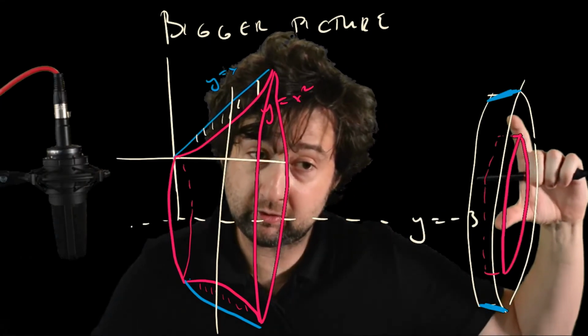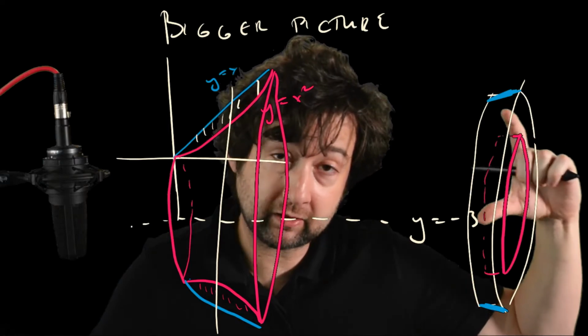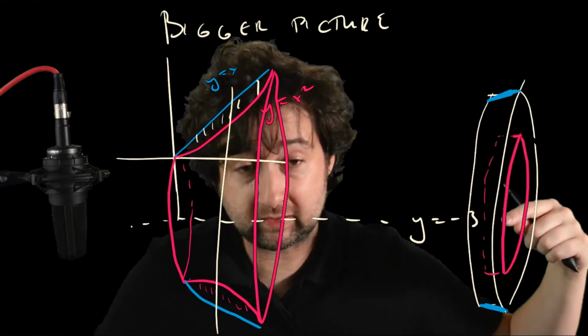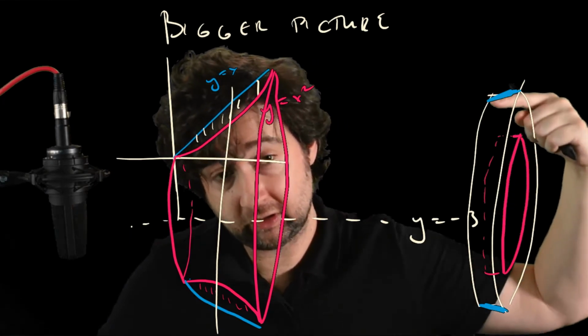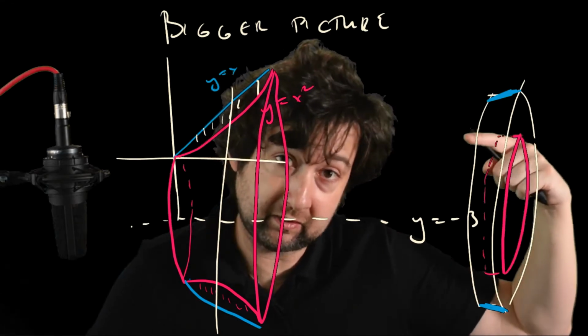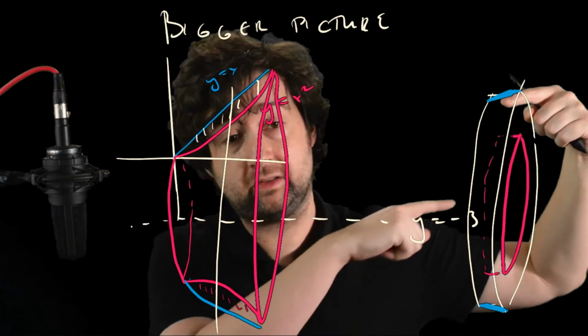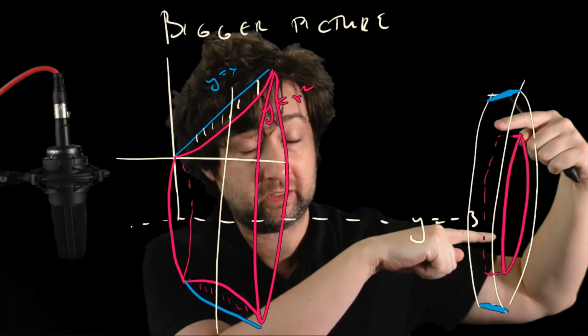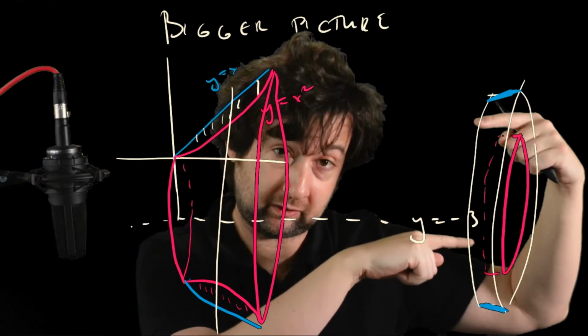And the way that I compute a distance is I subtract the two numbers that I'm trying to see how far apart they are. So what is the distance from the axis of rotation up to the top of the curve? Well, it's not y equals x this time, because now the distance is from y equals x to the middle line, which is y equals -3. So you actually have to subtract to get the radius.